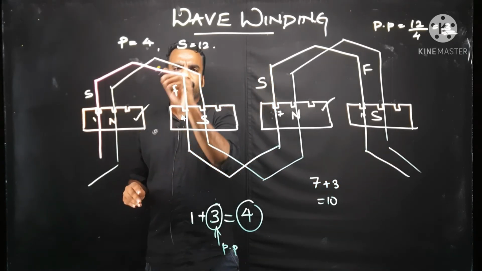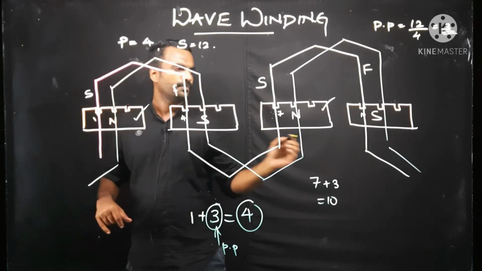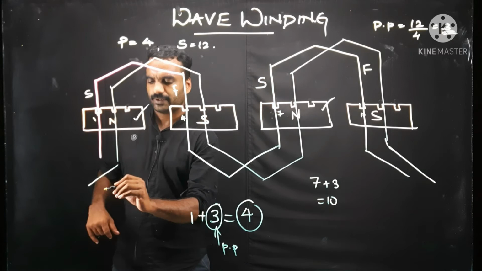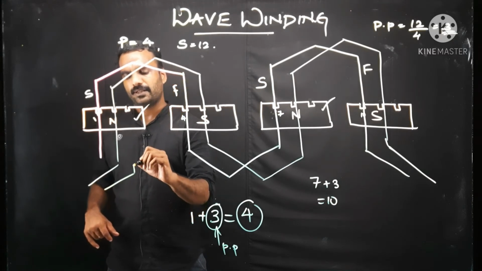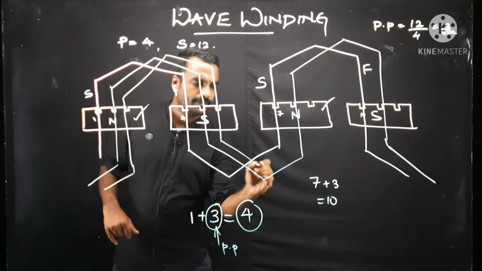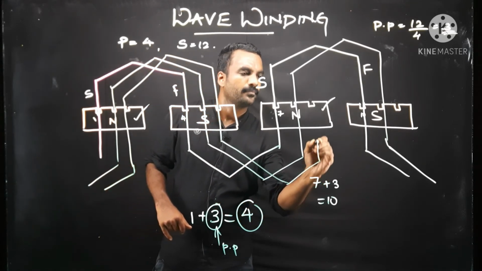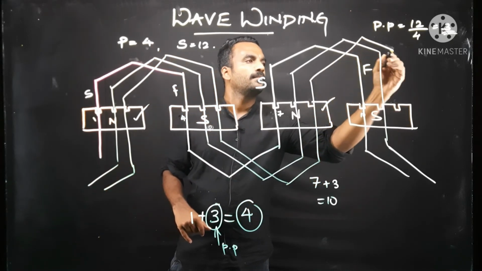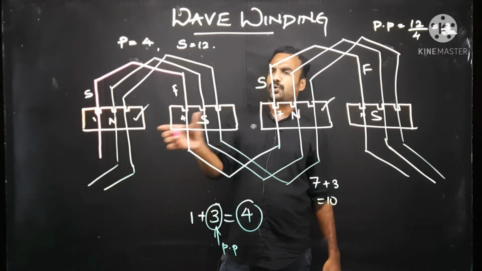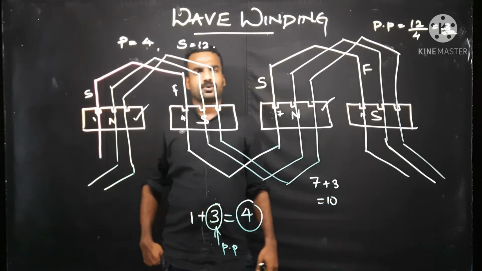You can also perform the third loop like this, taking this end from here, and now you can draw the third winding. Now it is perfect. You have used all the slots.